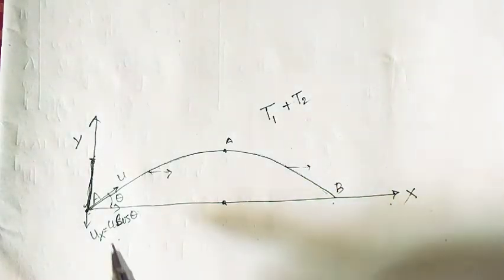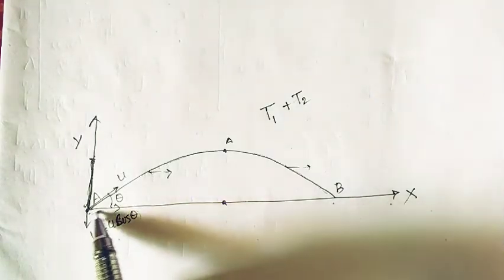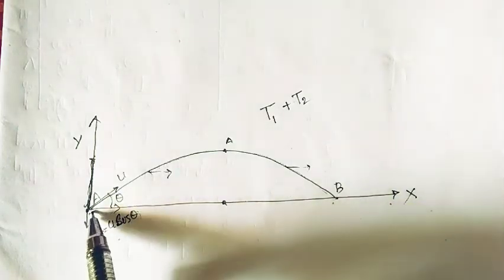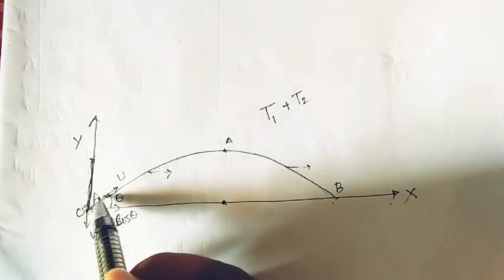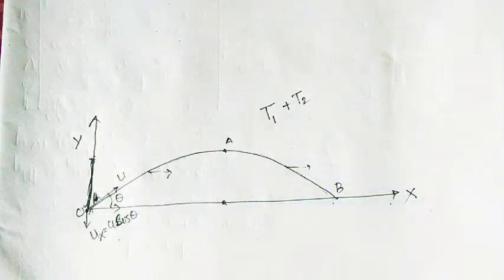So if I multiply this ux with the total time of flight, then we can calculate the horizontal distance covered by the particle, that is the separation between the point O and the point B, and that is called, in terms of physics, the range of the projectile.